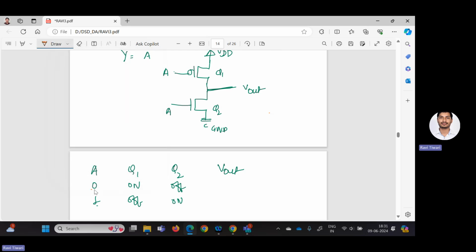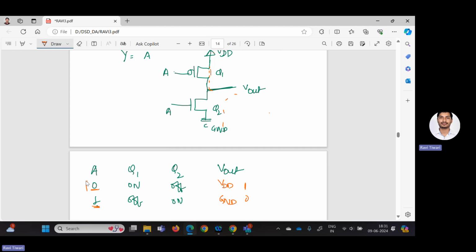If it is 0 and Q1 is on, that means short circuited, V out is connected to what? VDD, so the output is VDD. Clear? If it is 1 and Q2 is on, then V out will be connected to what? Ground, GND. I can say this is 1 and this is 0.